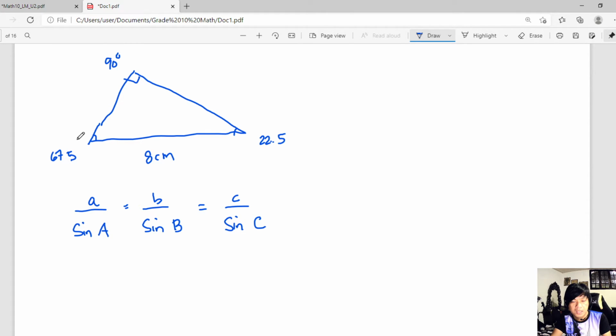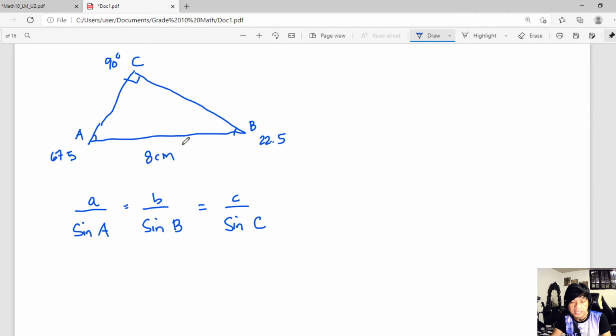So we can name this, let's say this is our capital letter A. This is our B, and this is our C. So the opposite of each angle represents its small letter. So itong the opposite of C here is itong 8 cm. So we can name this as side C.